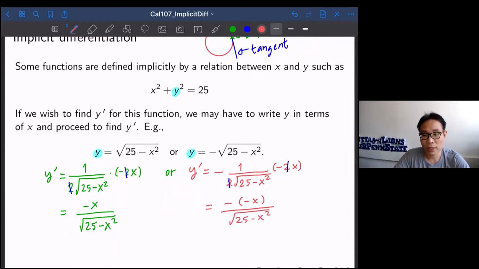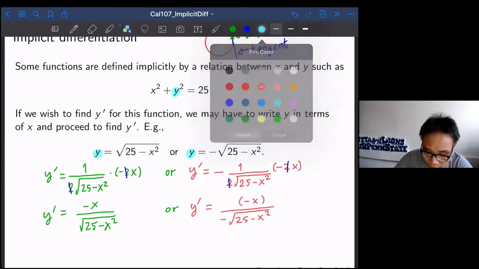I'm not gonna multiply this one yet. However, I'm gonna move the negative down here. Okay, so in the first case, you're gonna have y prime equal to negative x over square root 25 minus x squared. And what is square root 25 minus x squared?